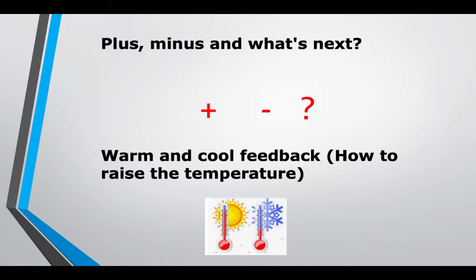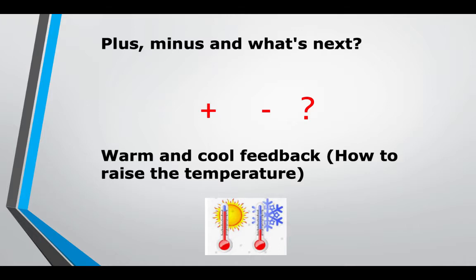Another way to have students evaluate peer work or their own work is plus minus what's next. They just identify something that they were very strong in, something that is questionable, and where they want to go next.